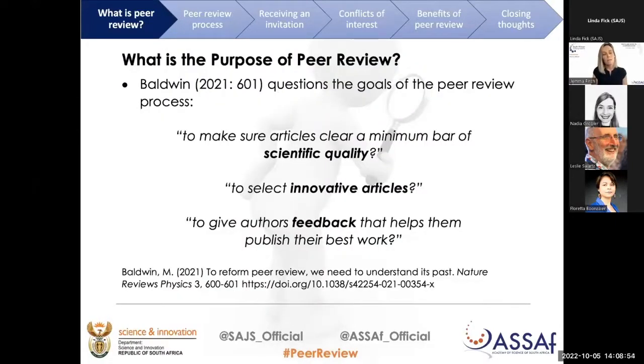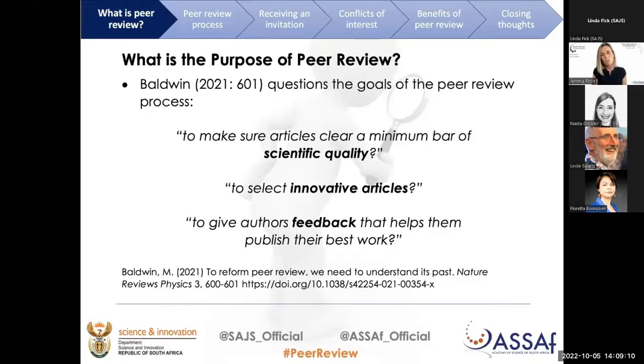But I think we can all agree that peer review has some other functions as well. So this paper recently by Baldwin actually ends off by questioning some of the goals and purposes of peer review.